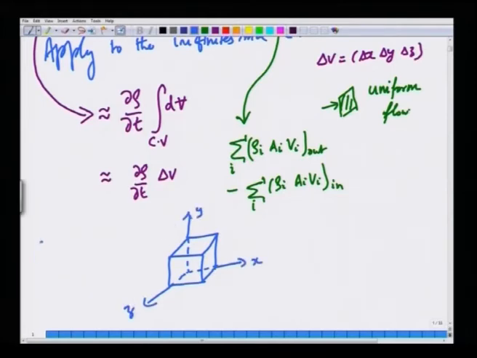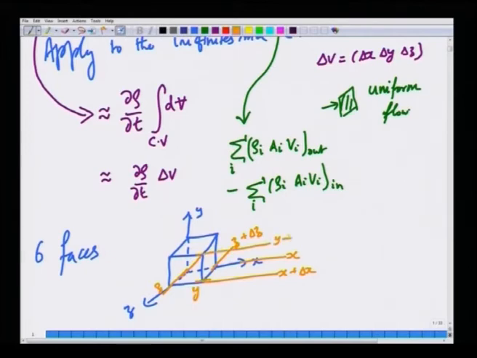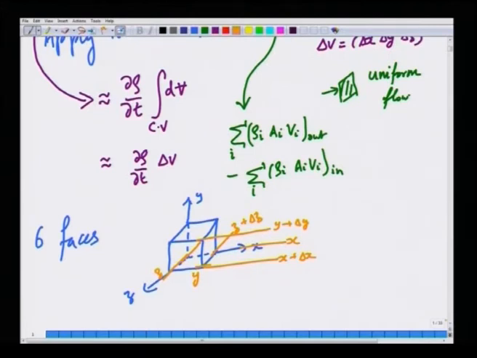This cubic CV has 6 faces, one at x, one at x plus delta x, another at z plus delta z, other at z, one at y, one at y plus delta y. So, there are 6 faces at various stations. Therefore, fluid can come in and go out of any of the 6 faces.